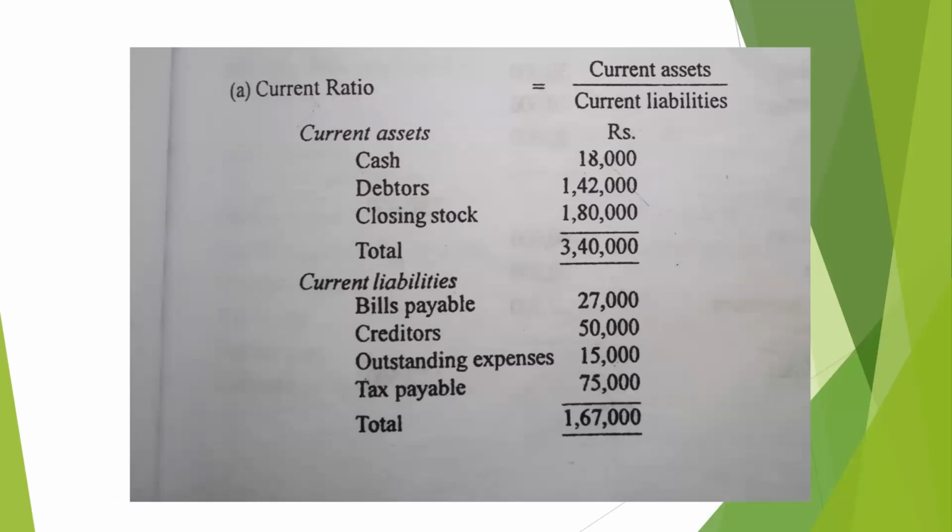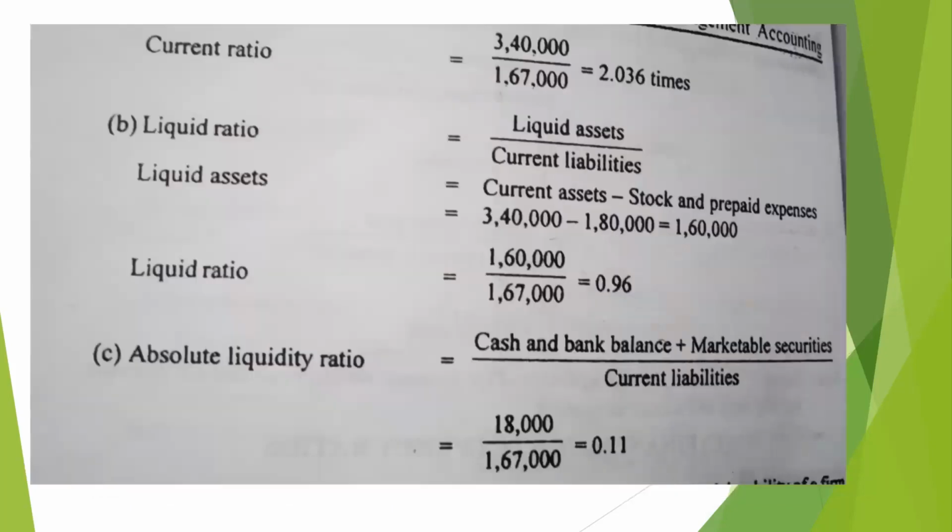So the total amount is 1,67,000. So next we apply the formula current assets divided by current liabilities, that is 3,40,000 divided by 1,67,000. So the current ratio is 2.036 times.